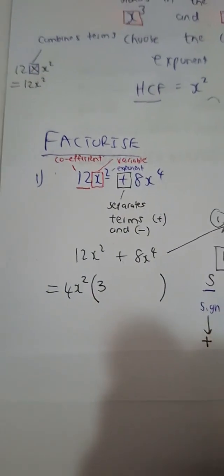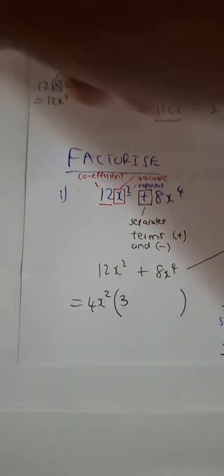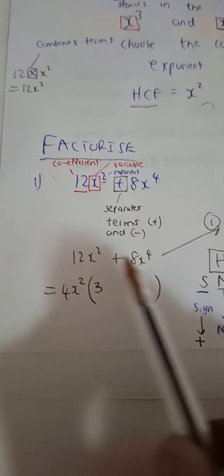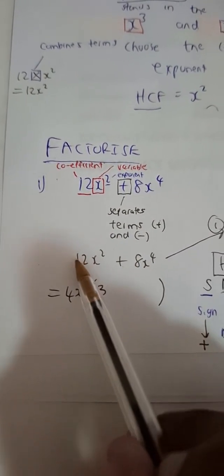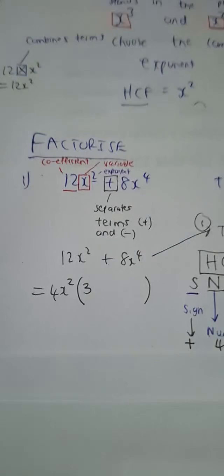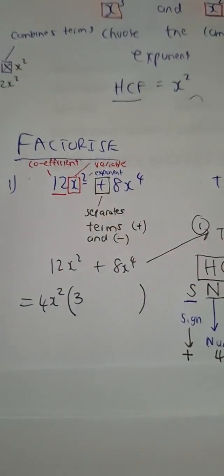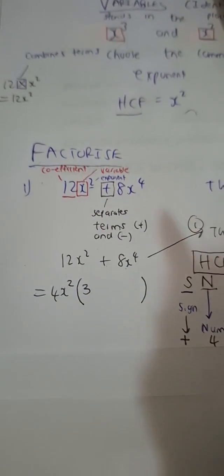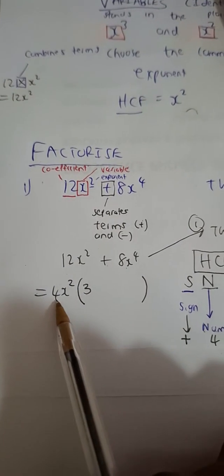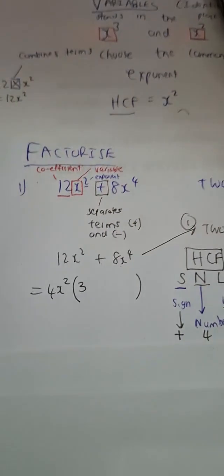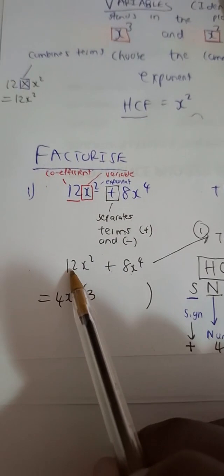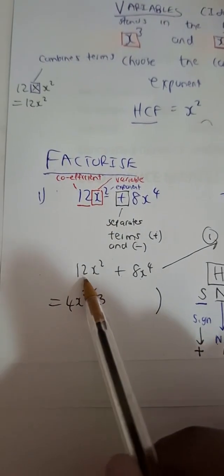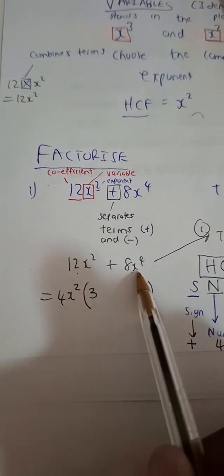That is 3. Guys, please, if you do not take out a highest common factor, then you have not factorized correctly. If you simply look at 12 and 8 and you say 2 is the highest common factor, guys, 2 is not the highest common factor. 2 is not the highest number that fits into 12 and 8.